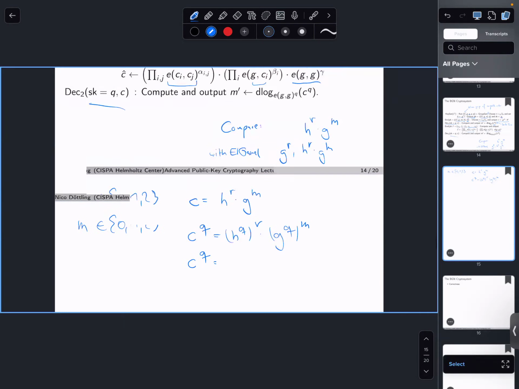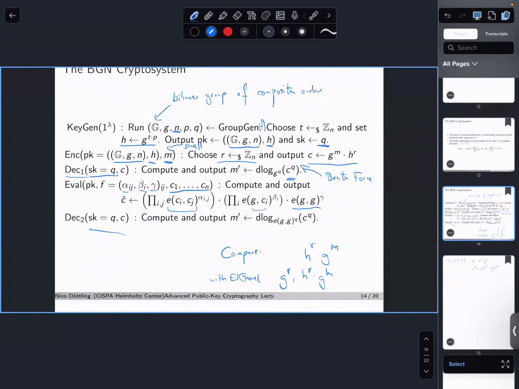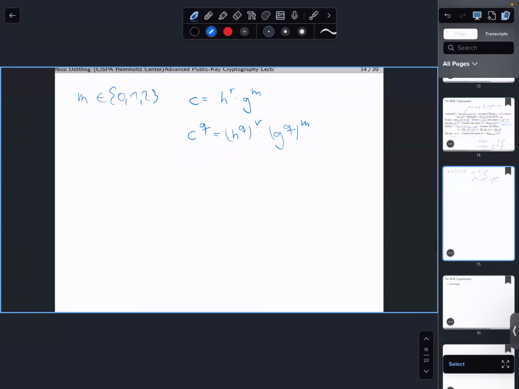Okay, but recall that we said that h is something of the form g to the t times p, right? This is now g, whoops, oh, not Q. g to the t times p times Q to the r times, again, g to the Q to the m.